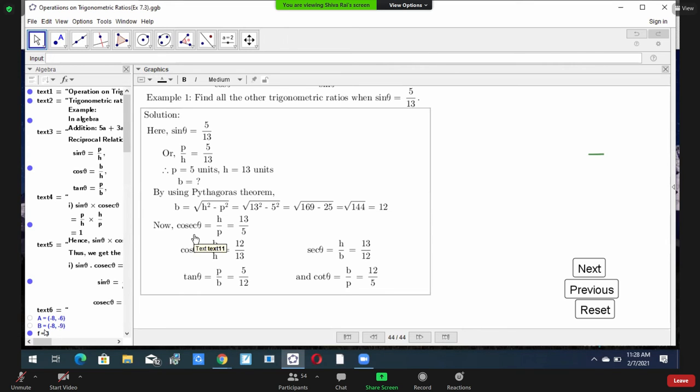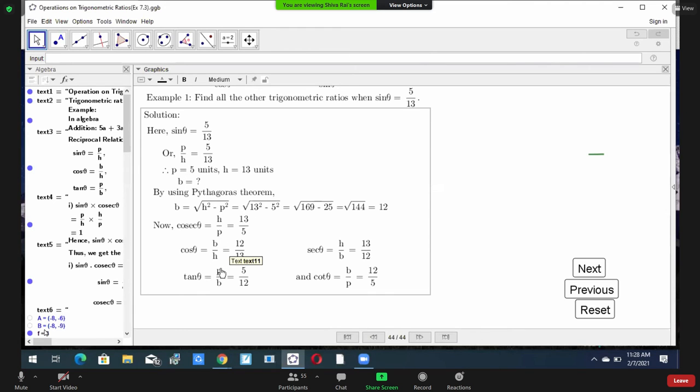Now cosec theta. Cosec theta equal to S upon P. P is already known from sin theta, so S upon P means 13 upon 5.